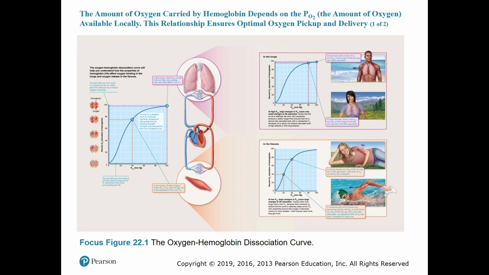Only 23% of oxygen carried by the hemoglobin is released. Whereas in metabolically active tissues, for example the exercising muscle, the partial pressure of oxygen is even lower, and at a partial pressure of 20 millimeters of mercury, hemoglobin is only 40% saturated. An additional 35% of oxygen has been unloaded for tissue use.